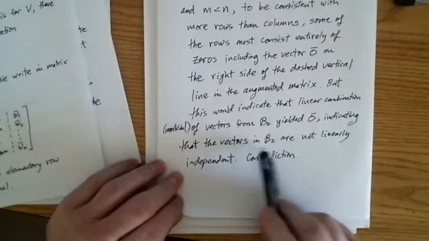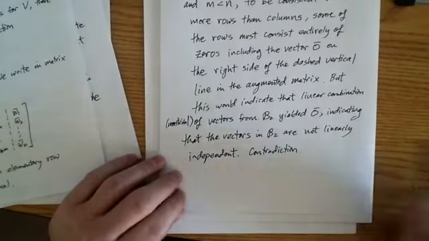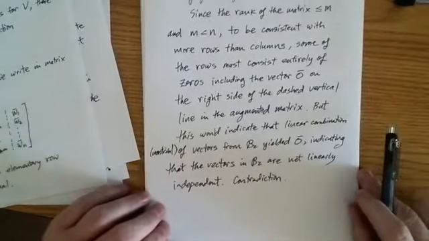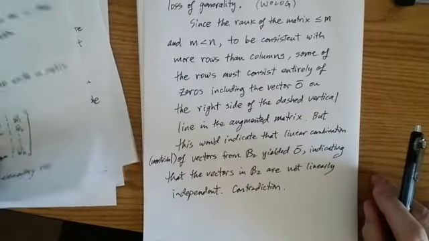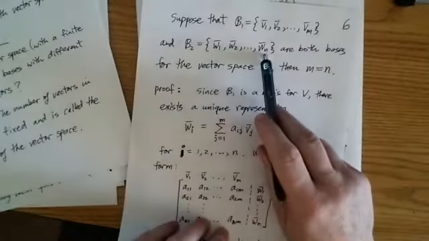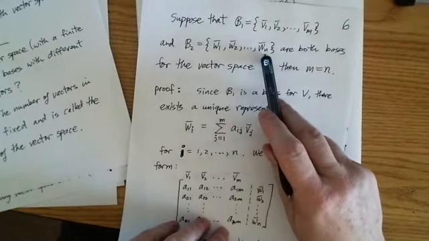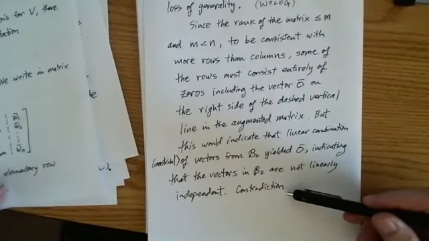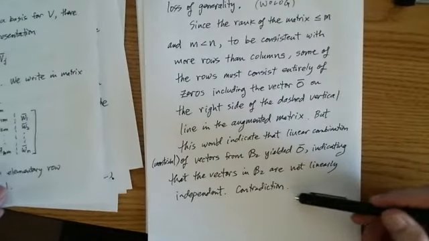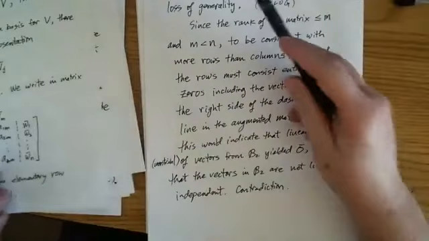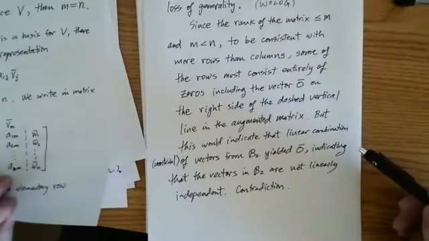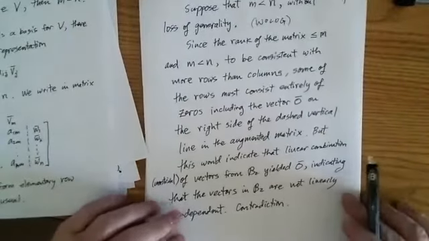That would indicate that the vectors in B2 are not linearly independent. That's a contradiction. Why? This was supposed to be a basis, and a basis has to span the space and be linearly independent. So the idea that m is less than n must be false, so they actually have to be equal.